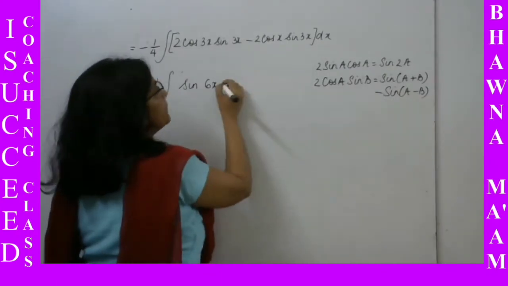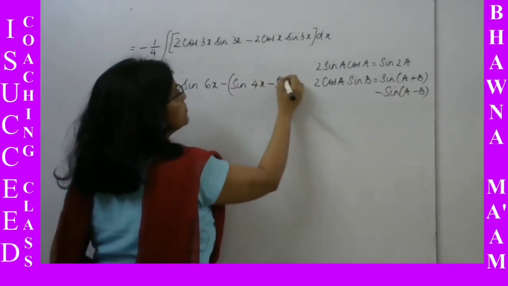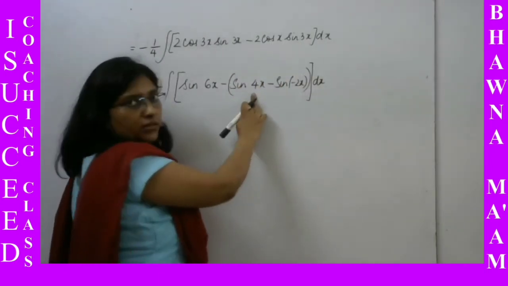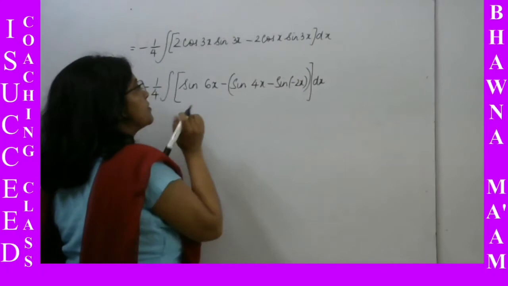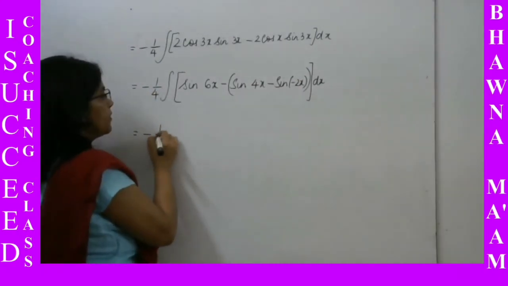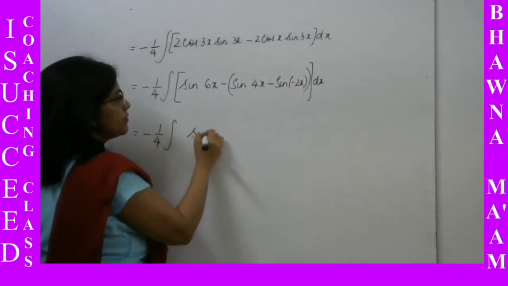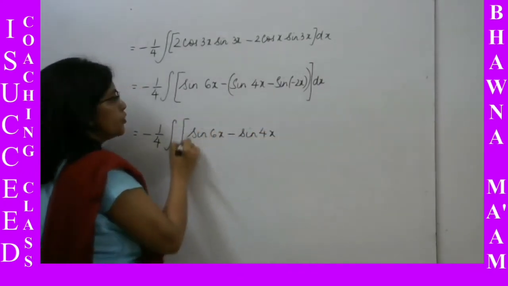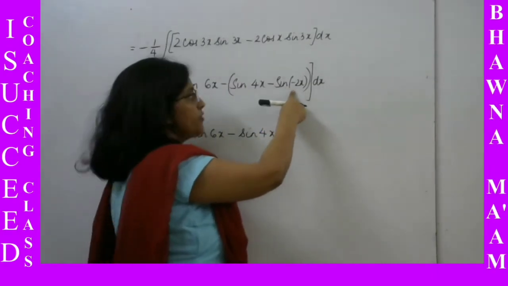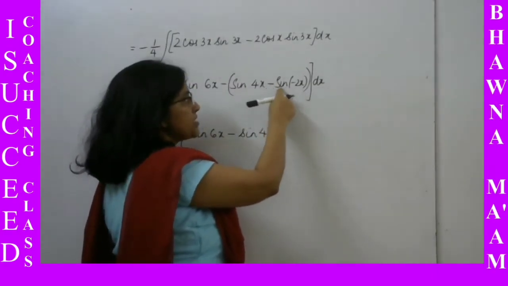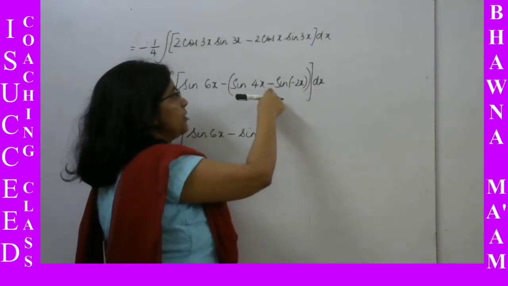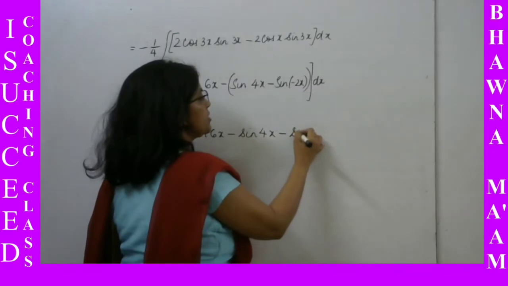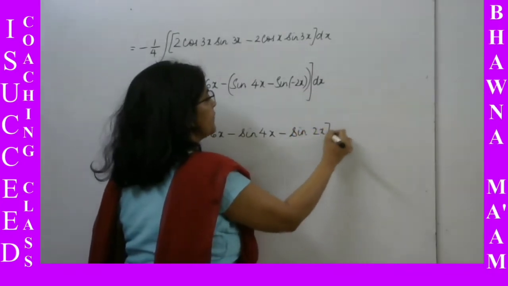And here, you apply the formula, you add the angles here and subtract the angles. So this becomes minus sine 4x if you open the bracket. Now sine is an odd function, so this will be plus sine 2x because the negative sign will be taken out here. So plus sine 2x and this is negative. So in effect it is minus sine 2x.